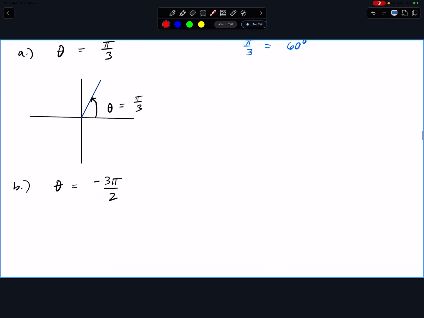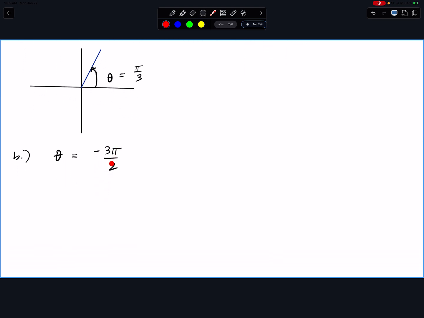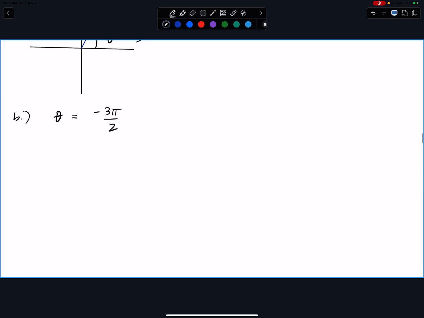But what I can think about is, isn't this the same thing as pi over 2 backwards 3 times? Does that make sense? So pi over 2 is the same thing as how many degrees? 90, right? So that would be negative 90, how many times? 3 times. So negative 3 pi over 2 is going to land right there.